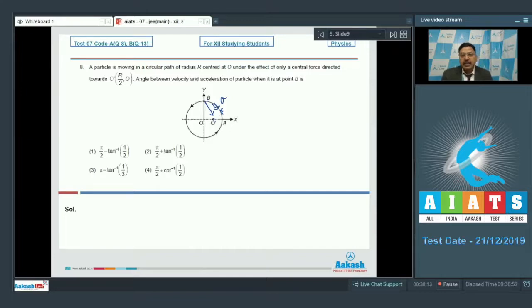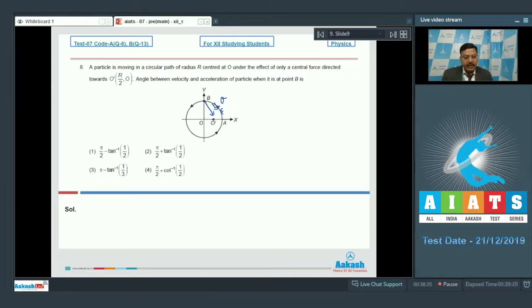At this point I just want to clarify that if you are thinking that the acceleration should be directed towards the center of the circle, this clearly is not uniform circular motion. It's a non-uniform circular motion, right?